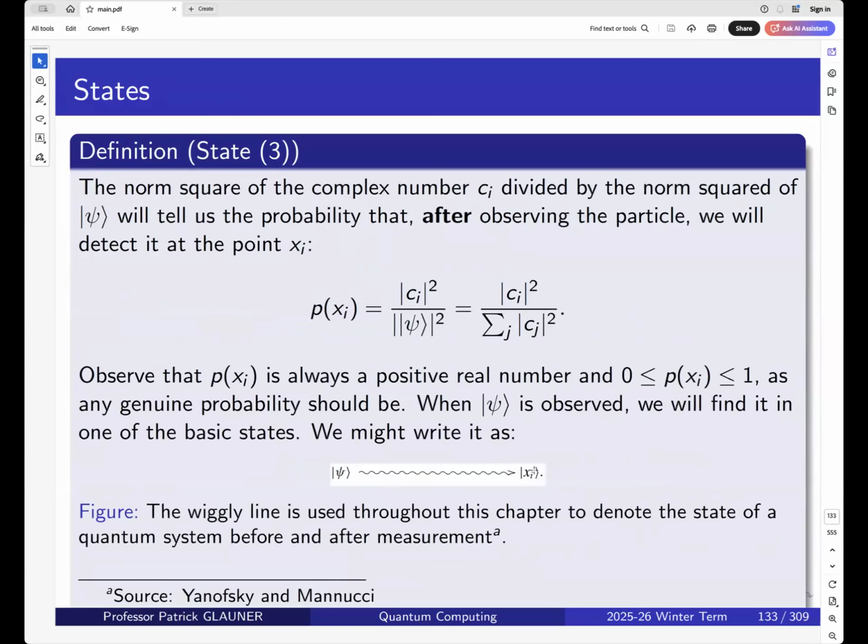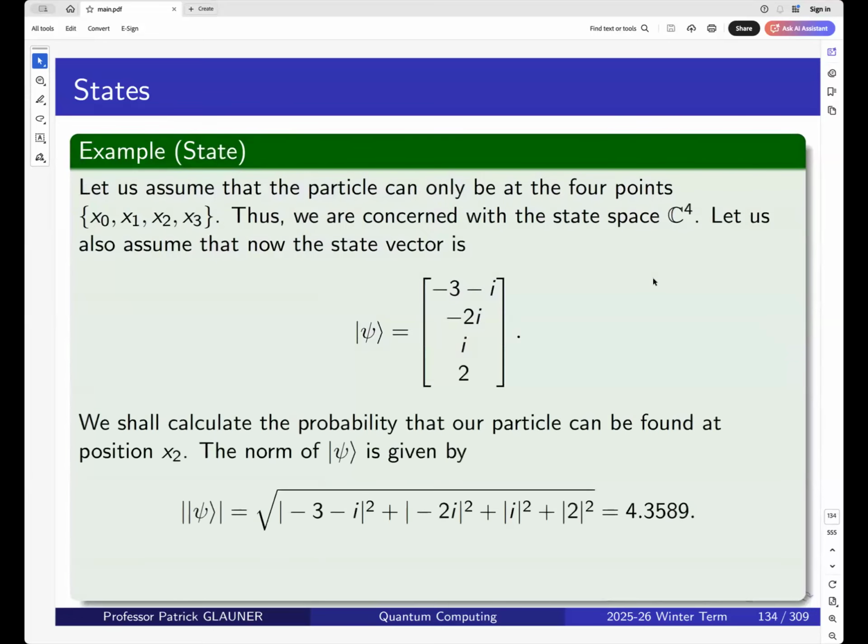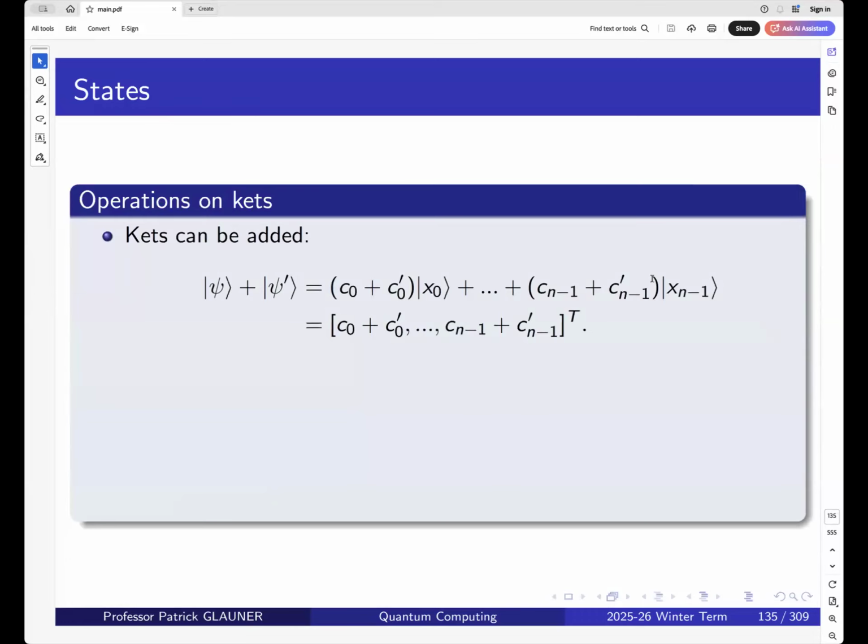We have this wiggly line to denote the state of a quantum system before and after measurement. And the measurement gives a classical value, because when we do a measurement, we say the quantum system collapses, but we will see this later. We've seen the state and how to calculate its norm.